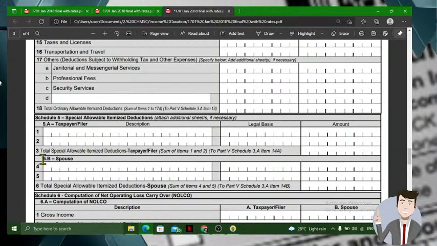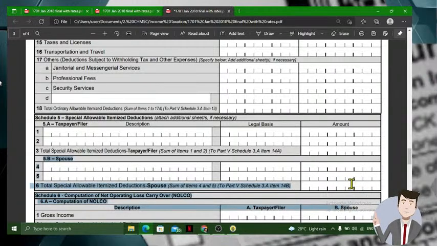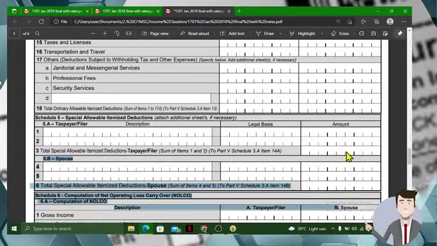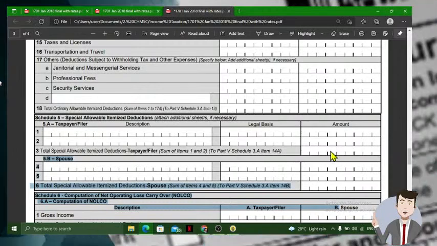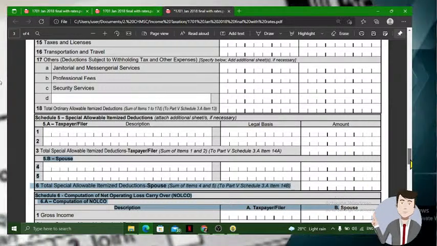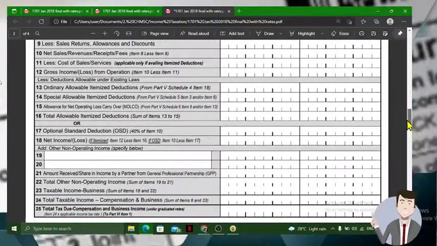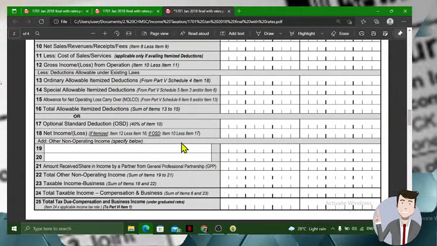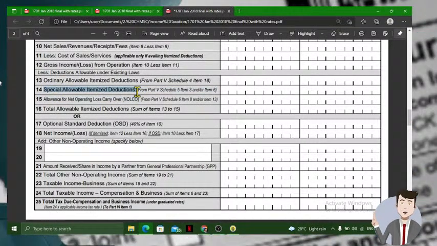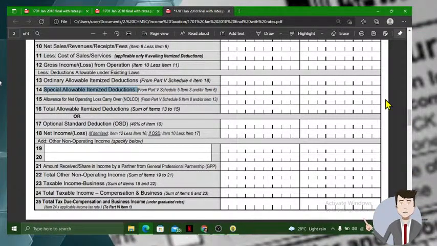And this one is for your spouse. Okay? So the figure in this row and the figure in this row is the same or forwarded to item number 14. So they should be the same.